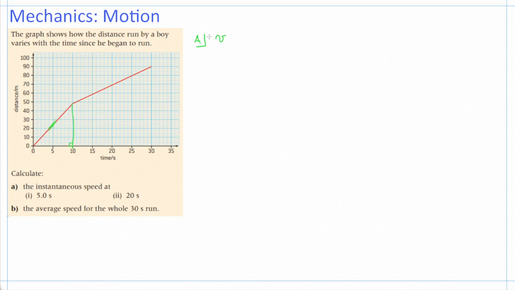So v equals rise, which is distance, so it's 48 meters in 10 seconds. So that would be 4.8 meters per second.